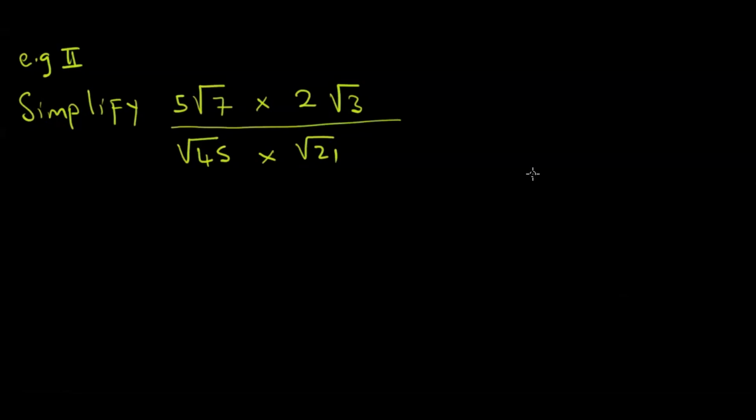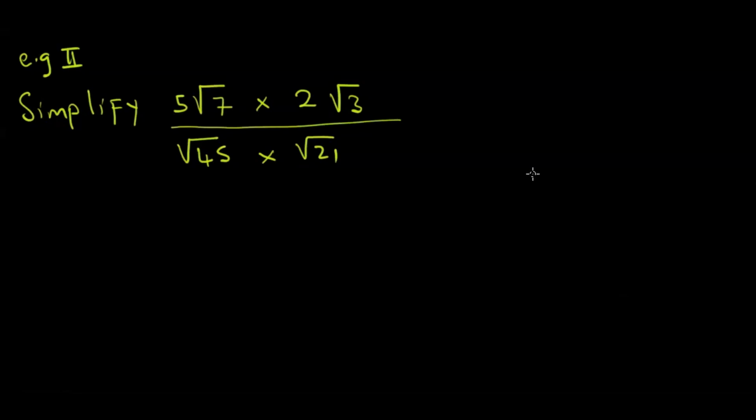So if we look at our numerator, we have 5 the square root of 7 times 2 the square root of 3. We cannot simplify any further. Why is it so? Because 7 and 3 are prime numbers. We have no numbers that multiply to give 7 and 3 respectively, one of which is a perfect square.